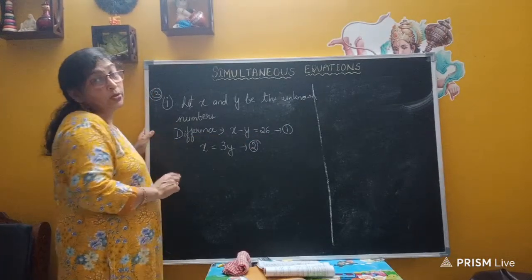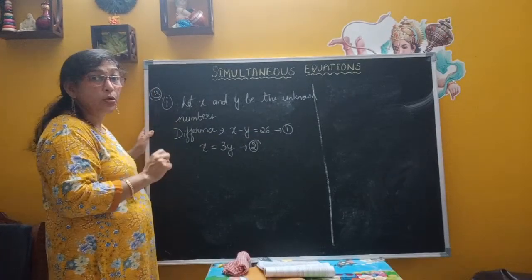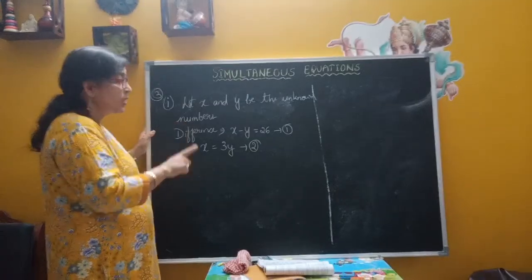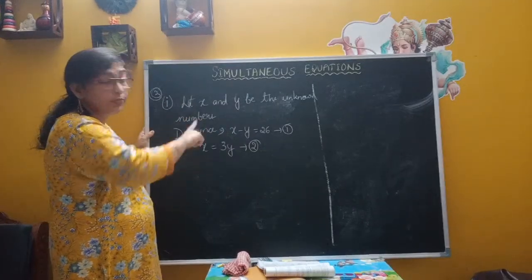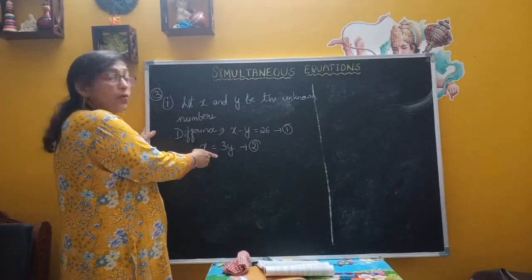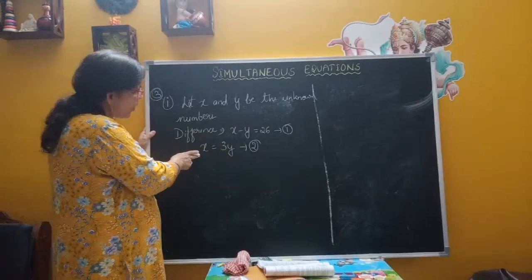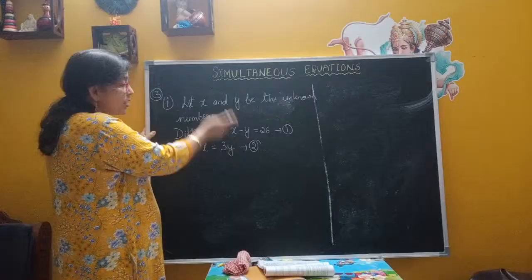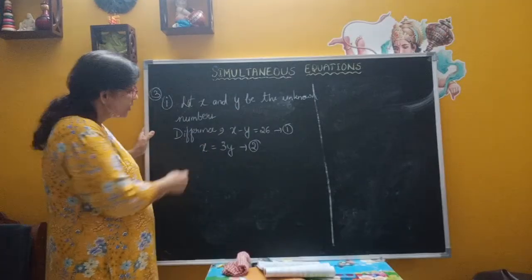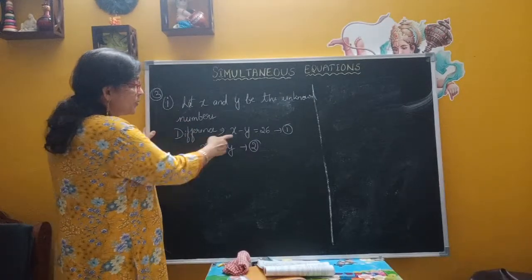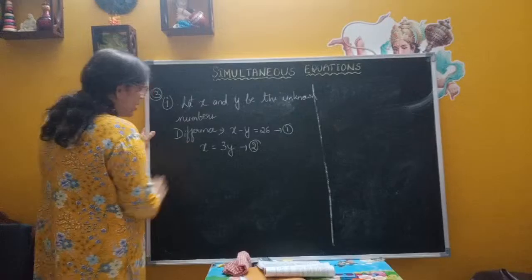According to the substitution method, what do we do? We need to substitute one of the equations in the other one. Here it is already in the required form. We need not transpose or change the equation. One variable is on the LHS and the other variable on the RHS only. So x is equal to 3y. Let us substitute this in equation 1.